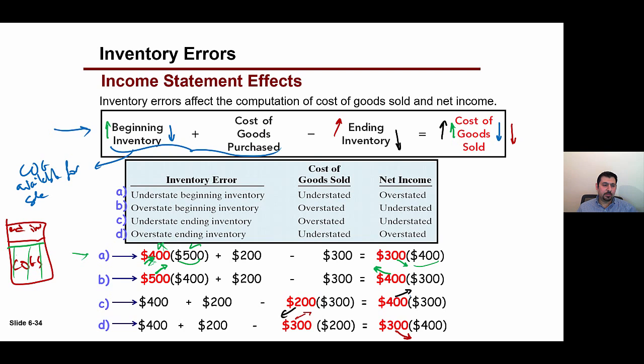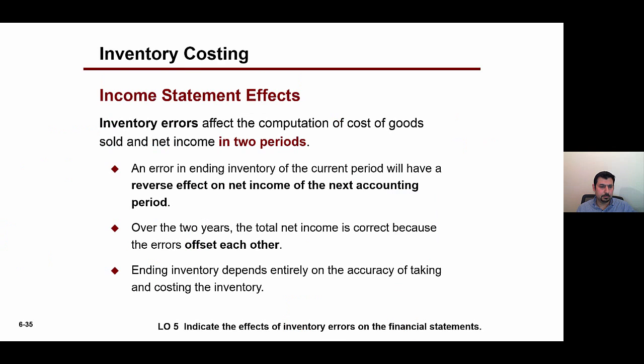So the error in the ending inventory in this accounting period might be carried over to the beginning inventory in the next accounting period. As we saw, an inventory error will affect the income statement because it is affecting the cost of goods sold, and consequently it will affect the net income.